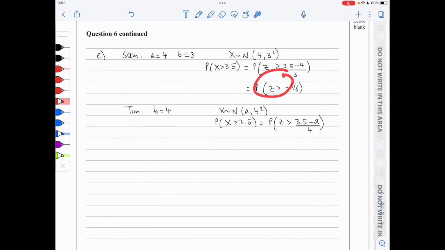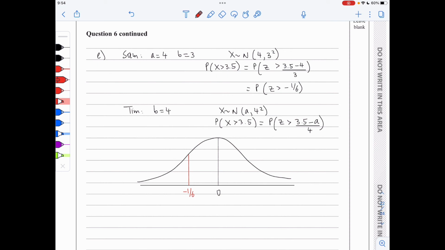So I will actually put this on a bell-shaped curve to see exactly what's happening. So this is my bell-shaped curve. We're talking about the z normal random variable, so it's centered at 0. We have already established that Sam's probability is here, greater than minus 1 over 6. And we want the probability that Tim will win.